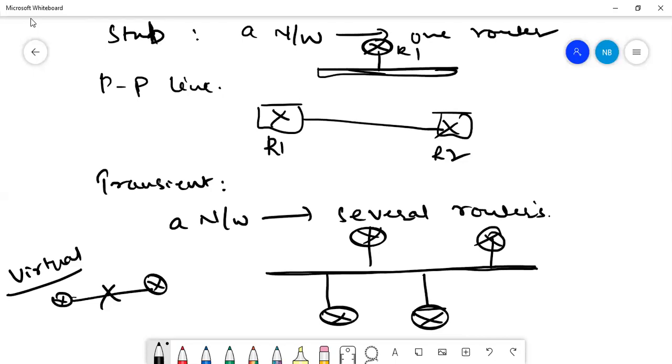So if the link between these two routers fails, it will take the longer, alternate path, using different routers connected to other links. That is called a virtual link.